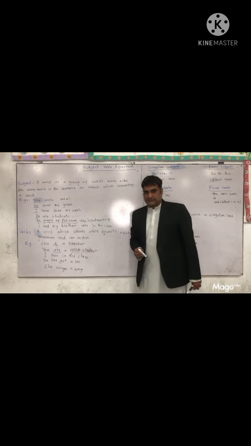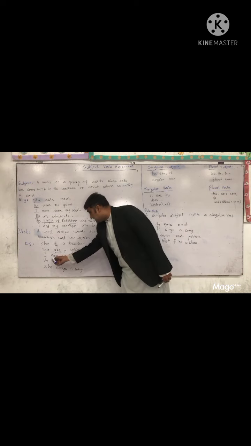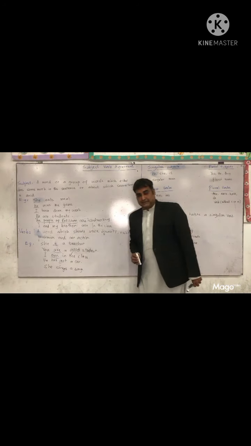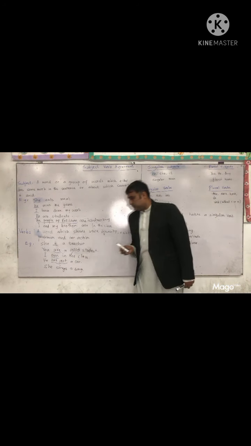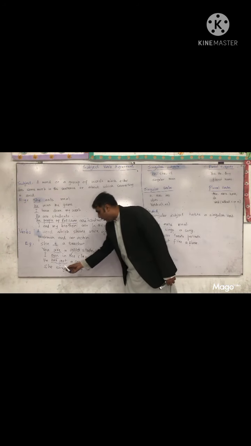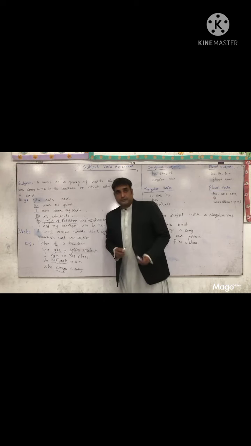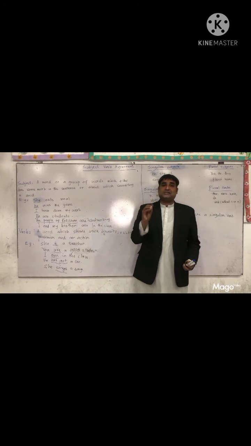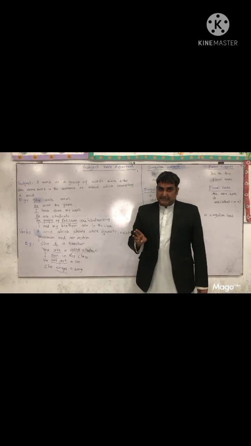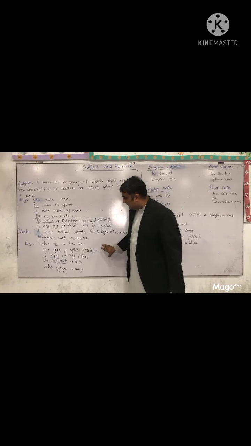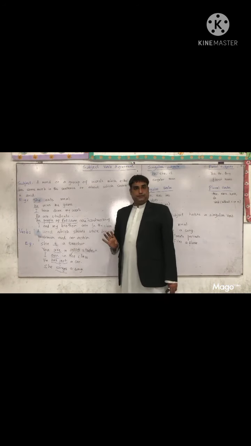Are shows quality. I am in the class. Am shows existence. He has got a car. Has got shows possession. She sings a song. Sings shows action. A word which shows us state, quality, existence, possession and action is called verb.